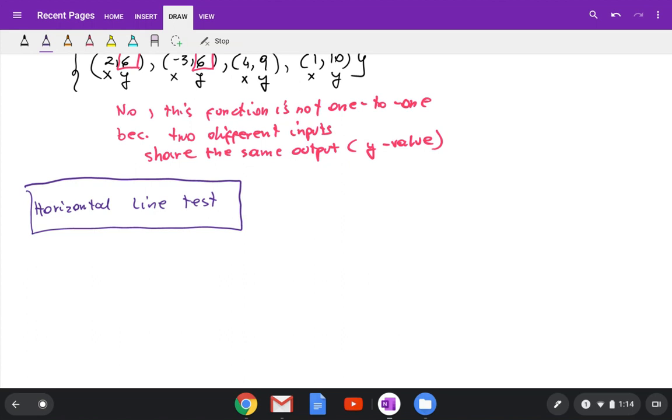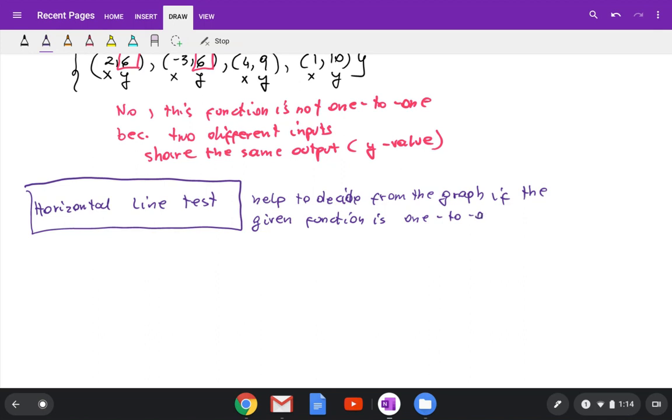So let me just write this down. Horizontal line test, okay, helps to decide from the graph if the given function is one-to-one. And this is how it works.